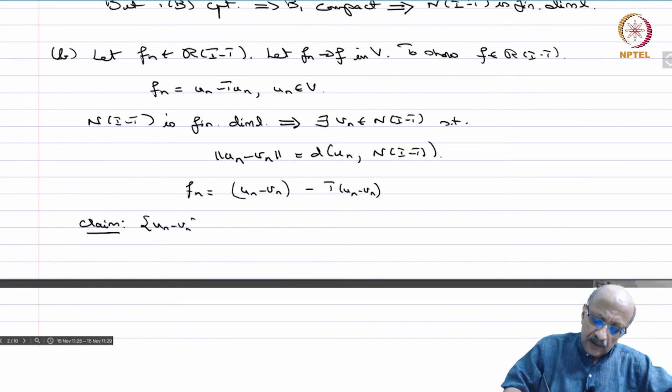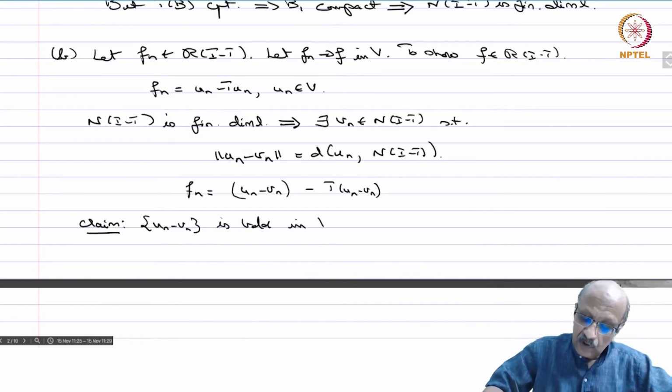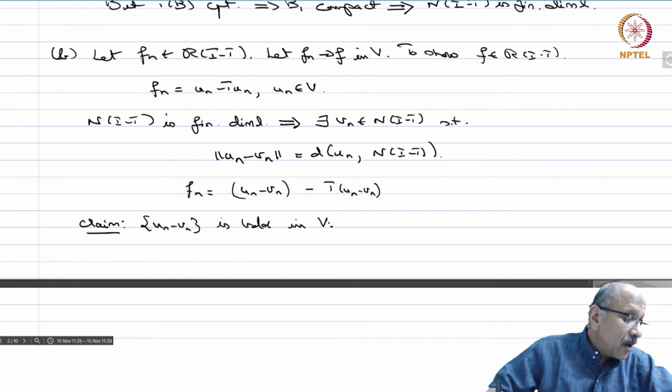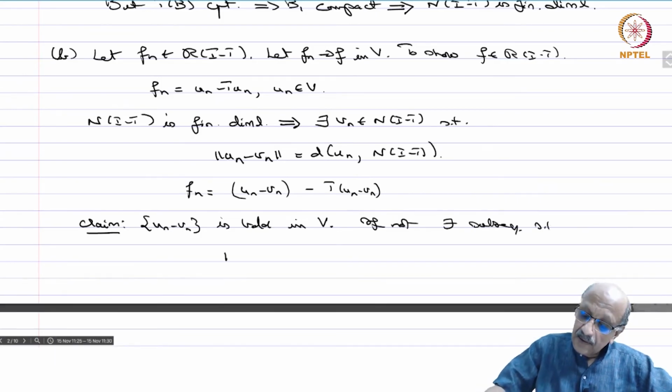Un minus Vn is bounded in B, so it's a bounded sequence. Okay, so if not, there exists a subsequence such that norm unk minus vnk tends to plus infinity.